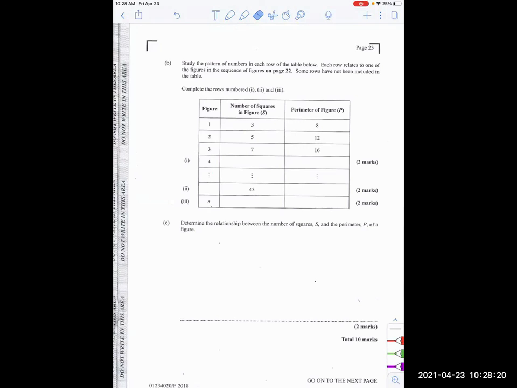So the first thing we need to do, we need to see if the number from one term to the next is constant. What is the difference between 3 and 5? 2. What is the difference between 5 and 7? 2. Is the number the same? Yes. Right. So the first term A is 3 and the common difference D is 2.